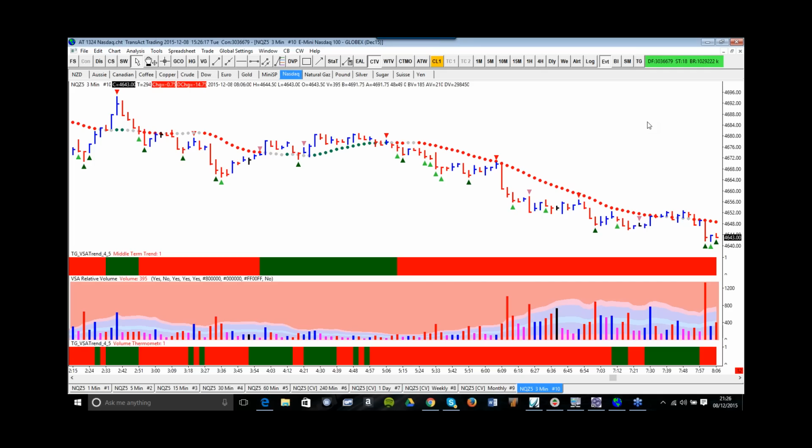We are aligning these trends all together. There is a logic behind this alignment. And on top of that, we are giving you the support and resistance levels which are good for taking the trades.